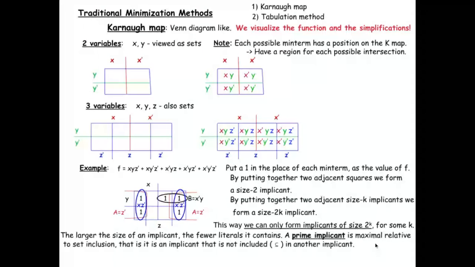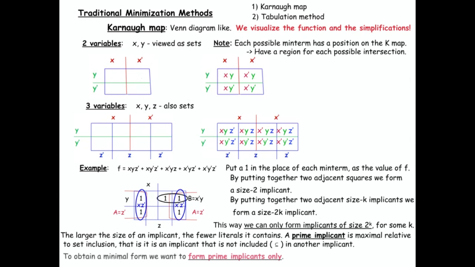So a prime implicant is the largest implicant that is not included in another implicant. To obtain a minimum form, we want to form prime implicants only. And when I say included, I mean fully included, right?